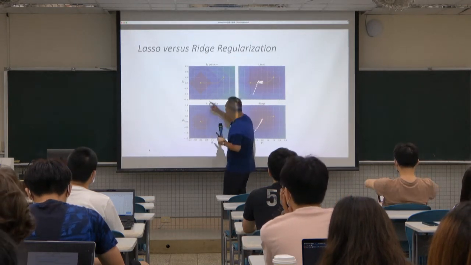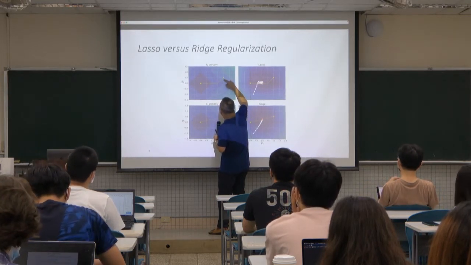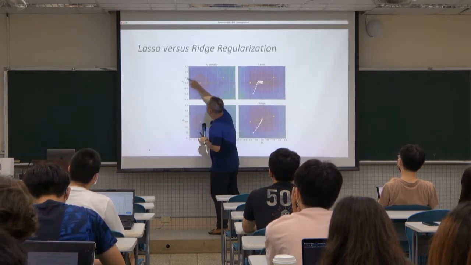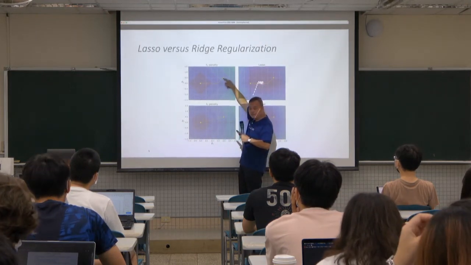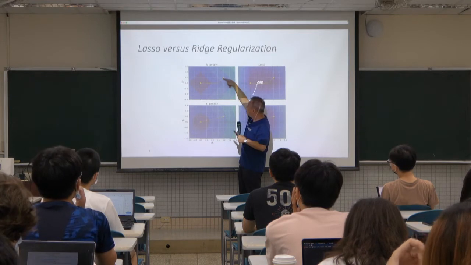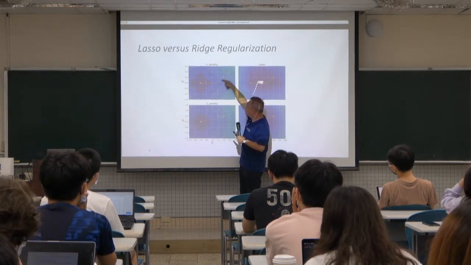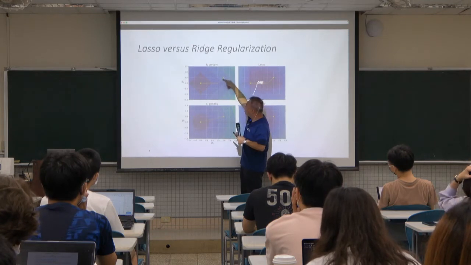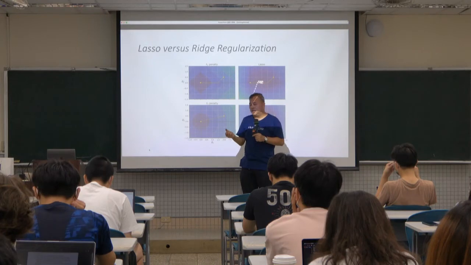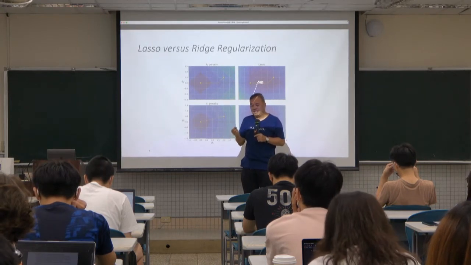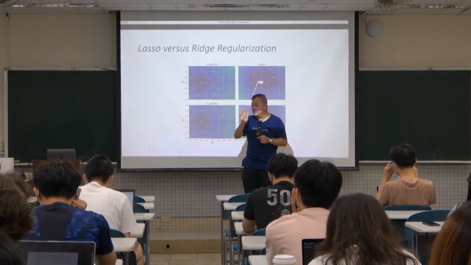But for L1, it will reduce both theta 1 and theta 2 at the same rate. You can see this reduction from here to here, pretty much the same reduction rate for theta 1 and theta 2, right?